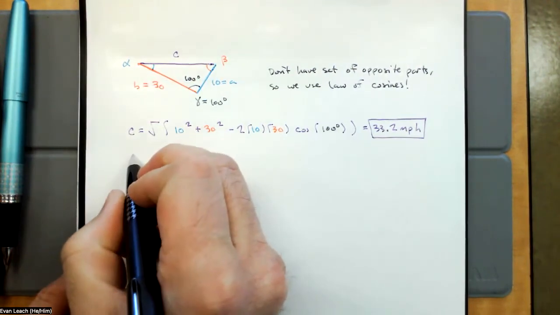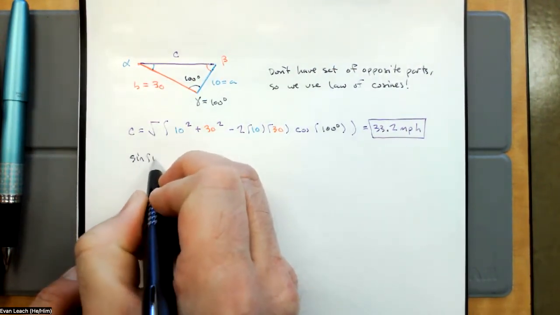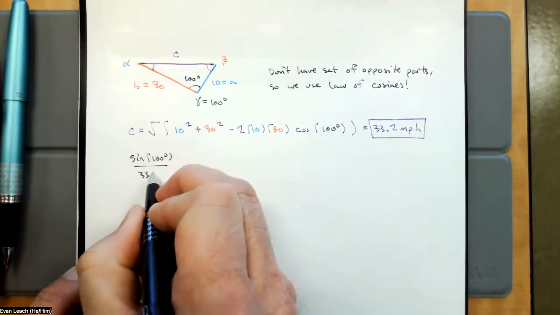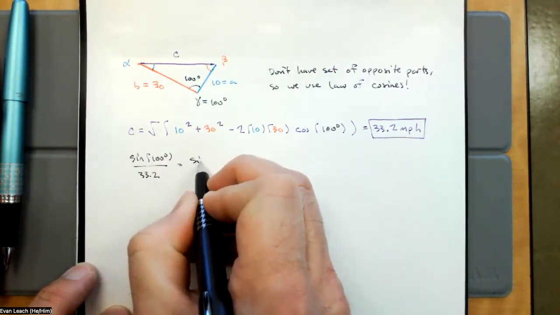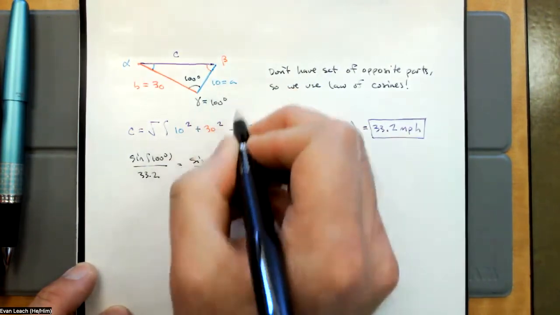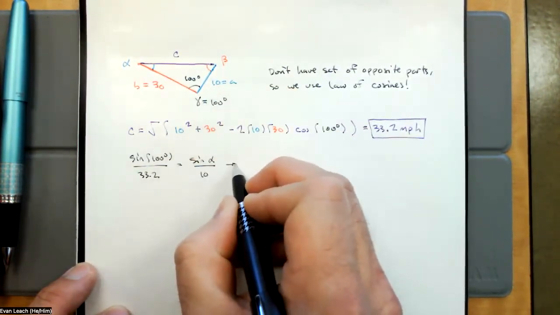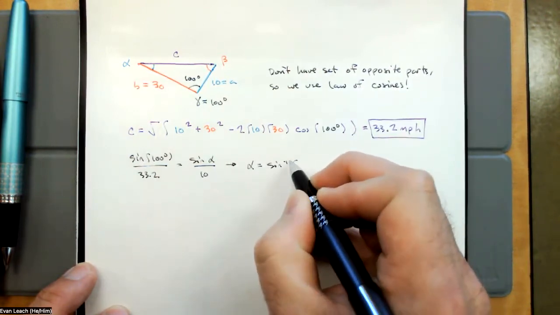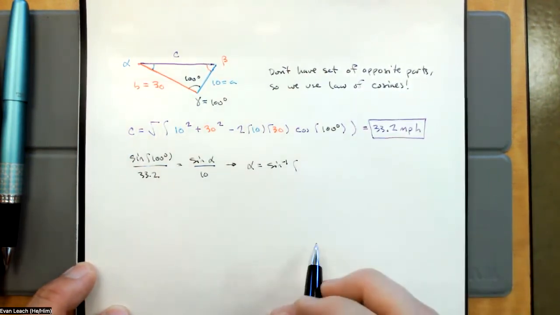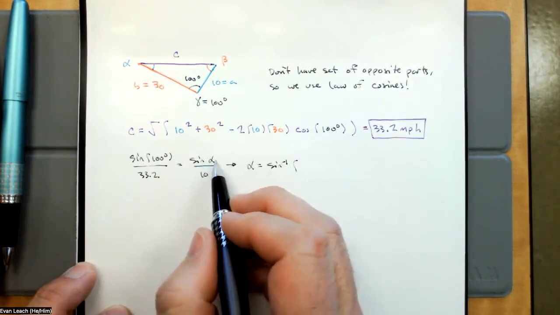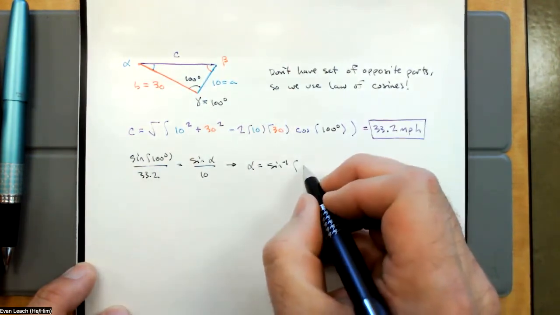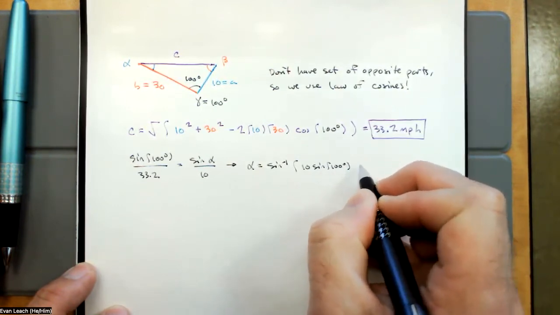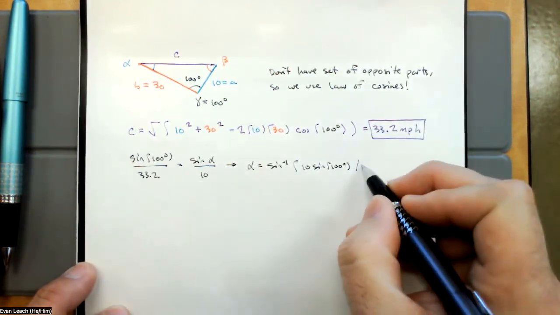So sine of 100 degrees over C is equal to the sine of alpha over A. So sine of alpha will be 10 times the sine of 100 divided by our 33.2.